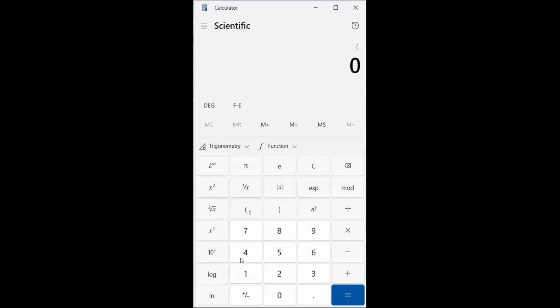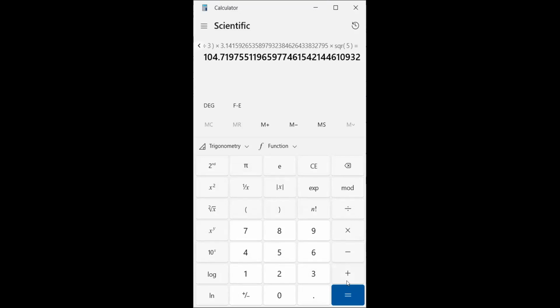Let's calculate that. This is 4/3 times the radius times pi. You can use the pi button, and my MATLAB is going to accept it.